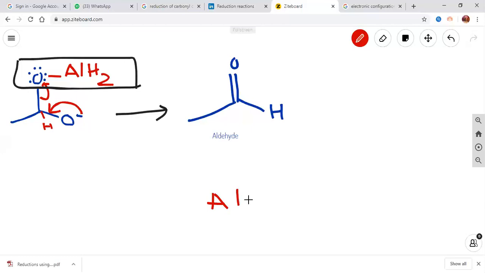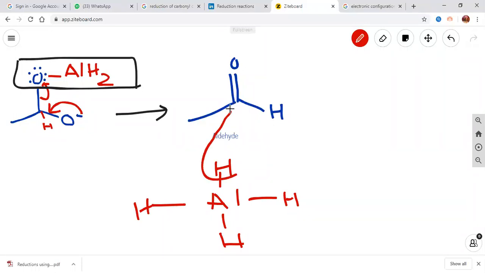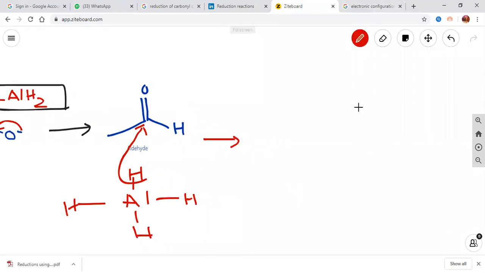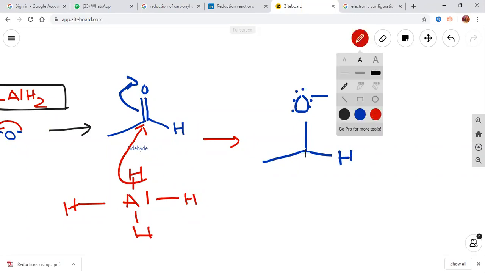Lithium aluminum hydride will attack the polar carboxylic carbon. This will go there, so this becomes negative with two extra pairs of electrons, with one hydrogen, and this hydrogen comes from the lithium aluminum hydride.